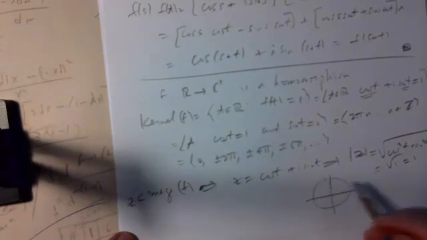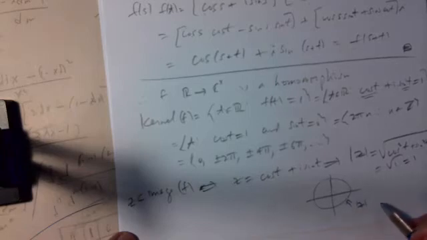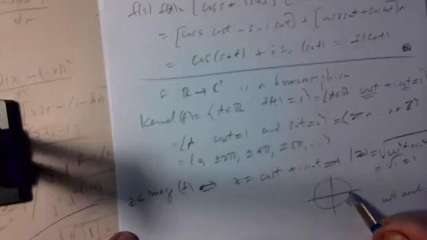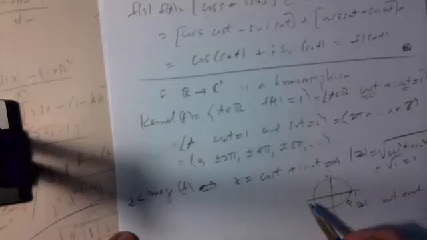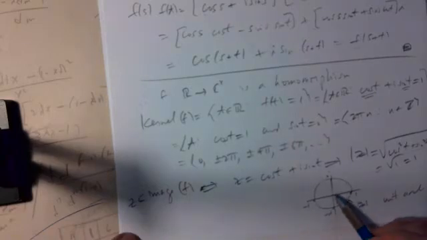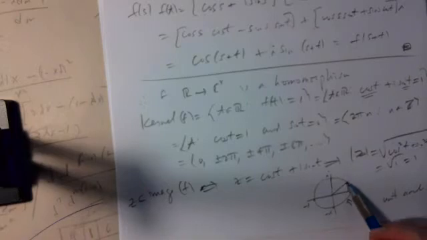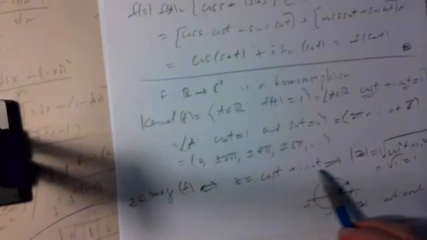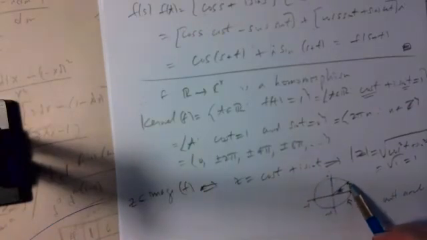In the plane, the points which have absolute value 1, this is just the unit circle. This is 1, i, 0, minus 1, minus i. And if you take any point on the unit circle, if this angle is t, this point is cosine t plus i sine t.